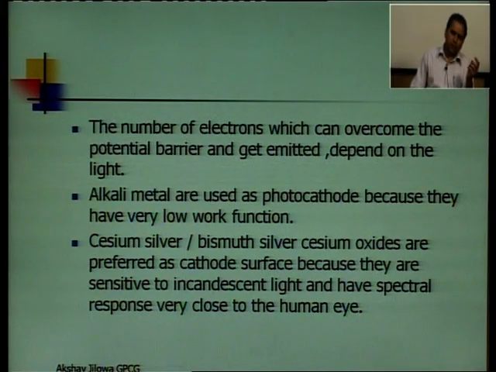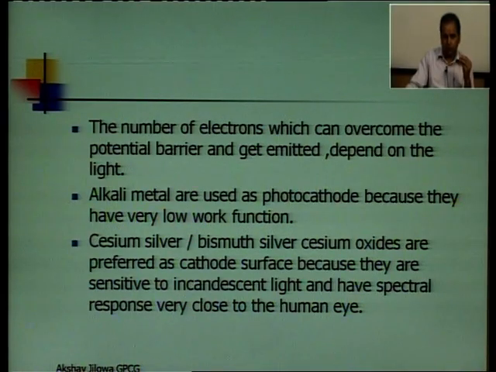Next, alkali metals are used as photocathode because they have very low work function. So, what is this work function? Work function, as I explained earlier, is the energy required to liberate an electron from the outermost shell. This is the minimum energy, because first of all the electron revolving around the outermost shell will be liberated and leave the surface.